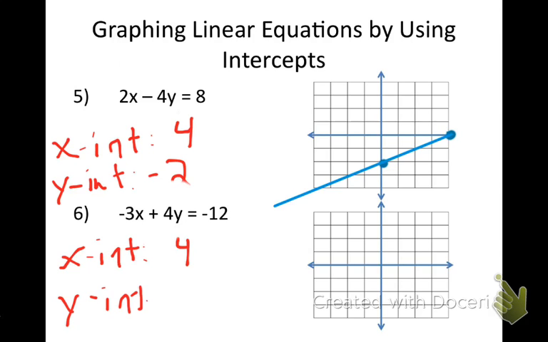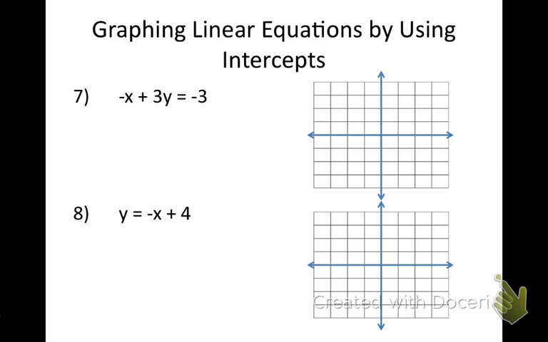In order to find my y-intercept, I'm going to cover up what, Phil? The x. My y-intercept is what now, Phil? Negative 3. So I plot my x-intercept was 4. My y-intercept was negative 3. I got my 2 coordinates there. Connect them with my line. Found the intercepts and I can graph. Okay.